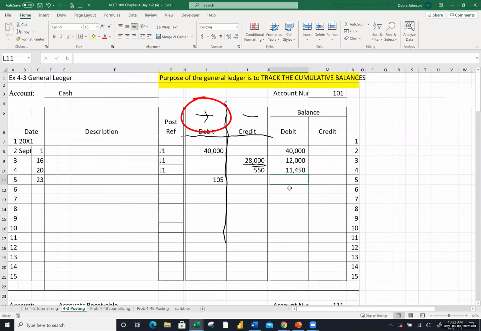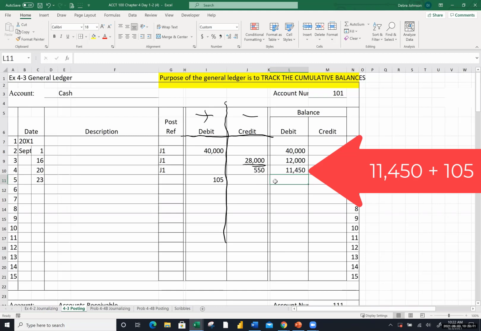This is where we track the balances. We're updating our ledger balance after every transaction. Debits make asset accounts go up. So this time we need to add in that 105. So here's the math I'm doing. 11,450 plus 105. Let's see what you guys get. I got 11,555.